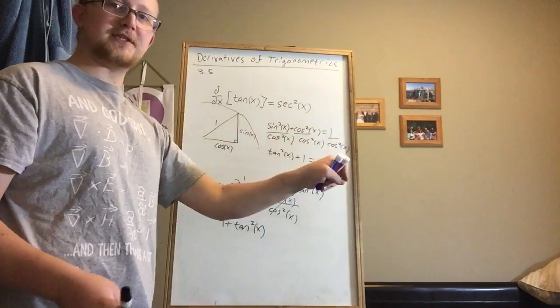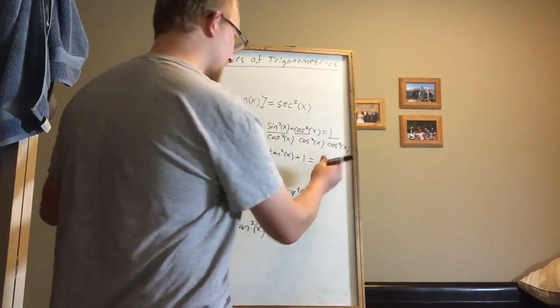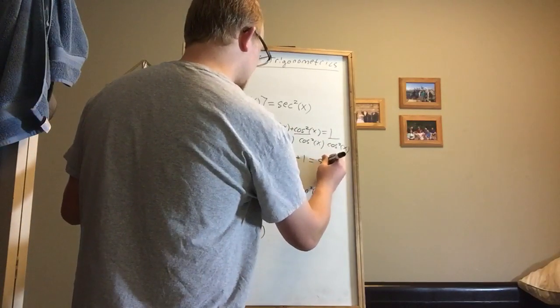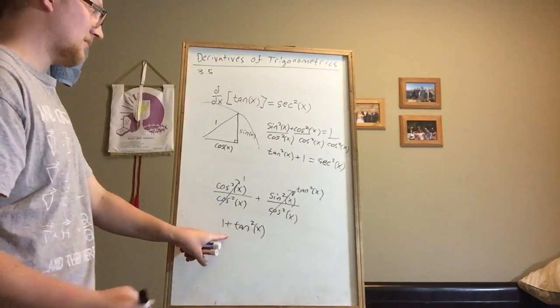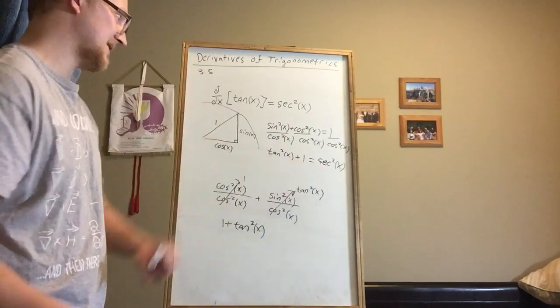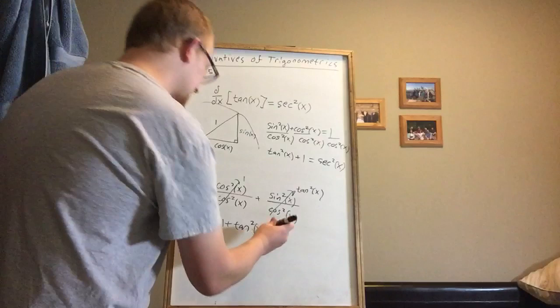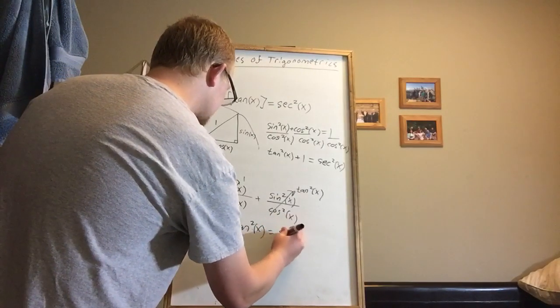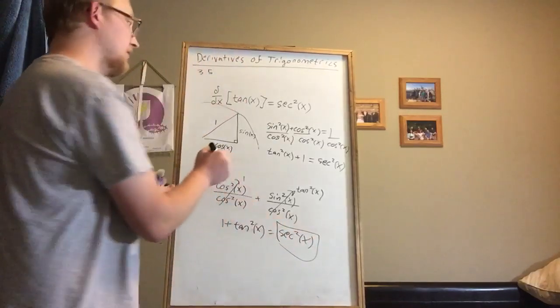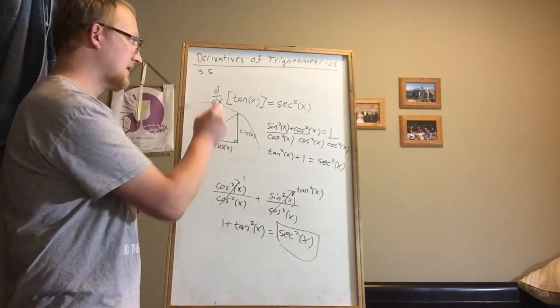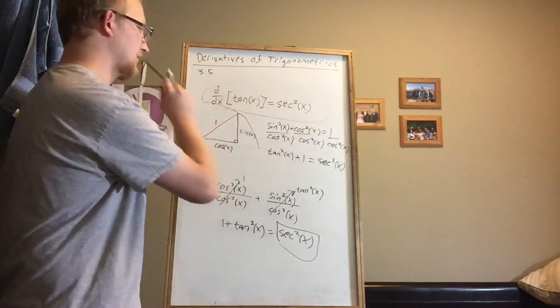Well, 1 over cosine is secant. So 1 over cosine squared is secant squared of x. And what you'll notice here is 1 plus tan squared x equals secant squared x. And so right here we can write that this is equivalent to secant squared x. Thus, we just proved directly that this is true.